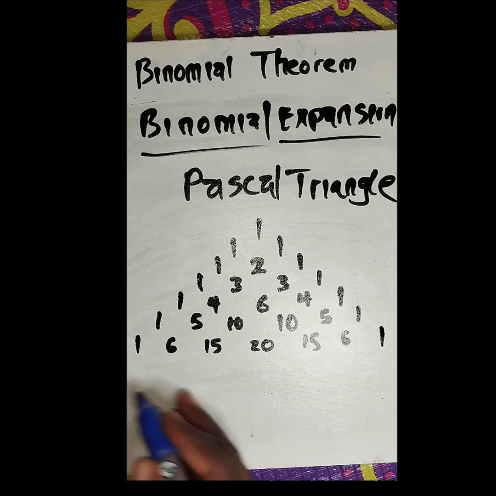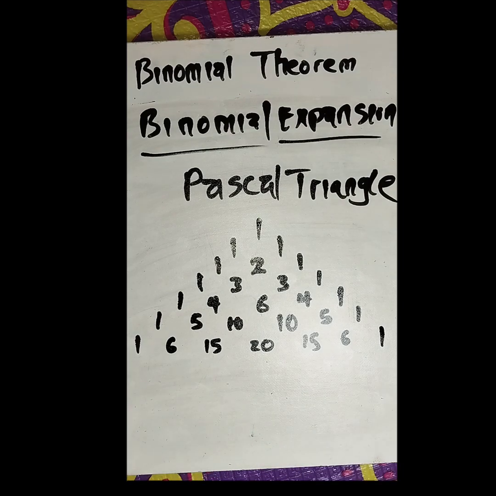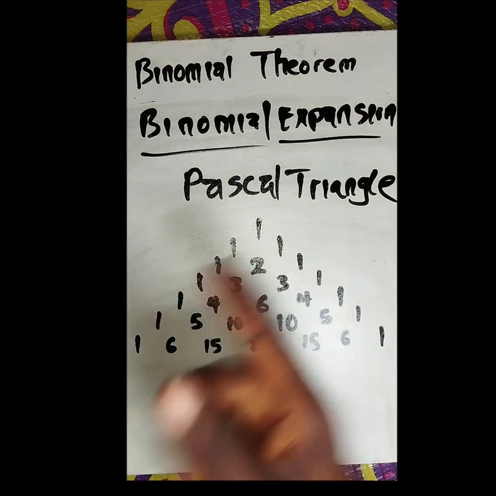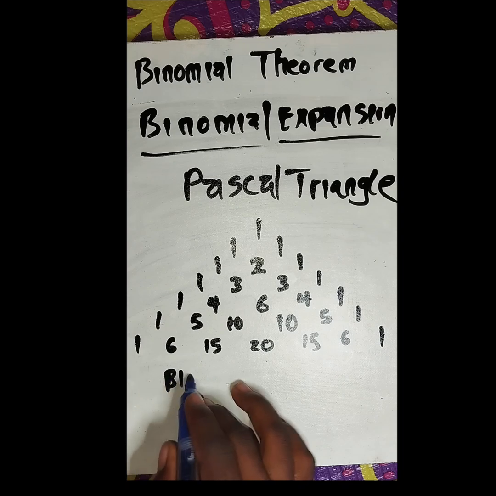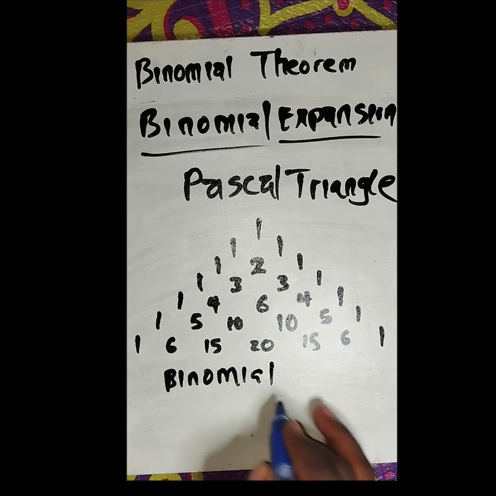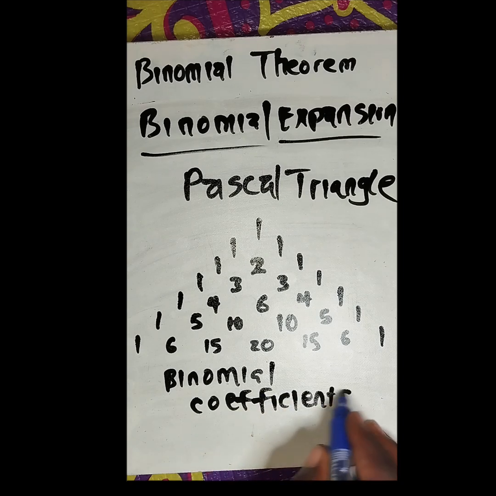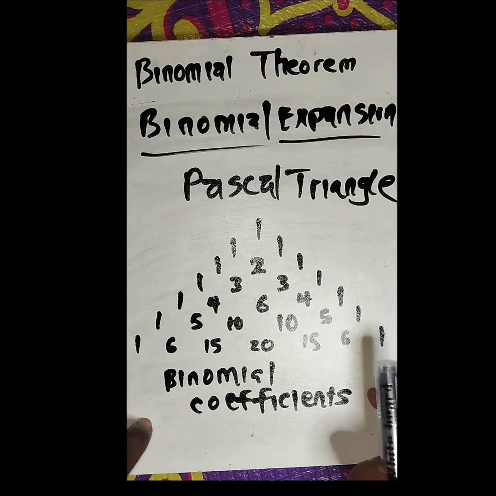You can go to 7, 8, 9, 10, 11, 12. That's Pascal's triangle for you. Now, all these numbers you're seeing here are called binomial coefficients. A binomial coefficient is needed whenever you are carrying out a binomial expansion.